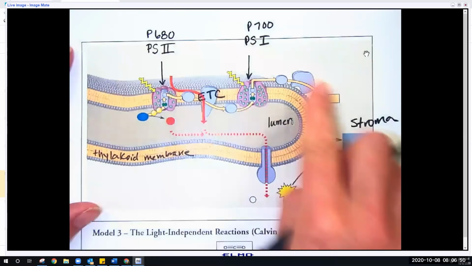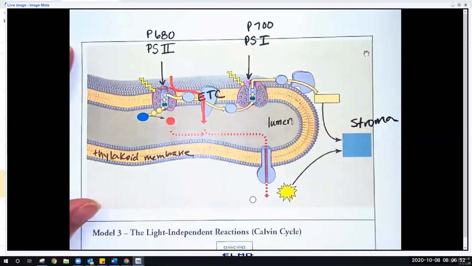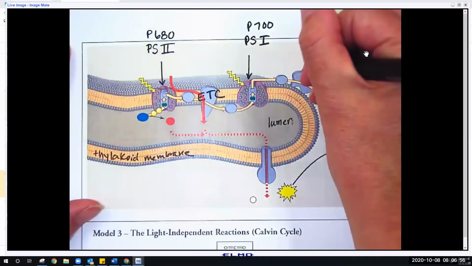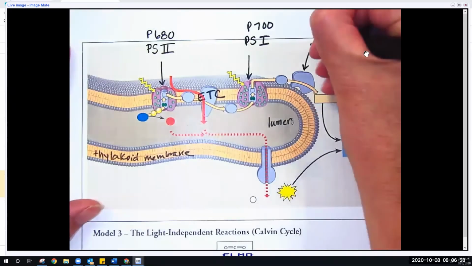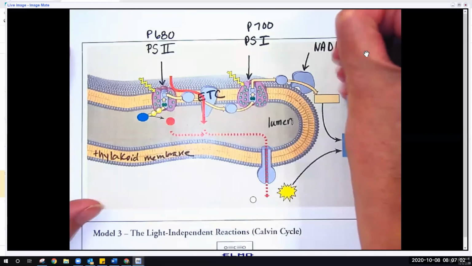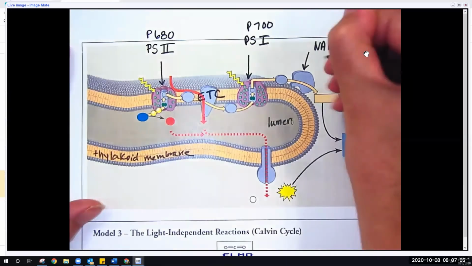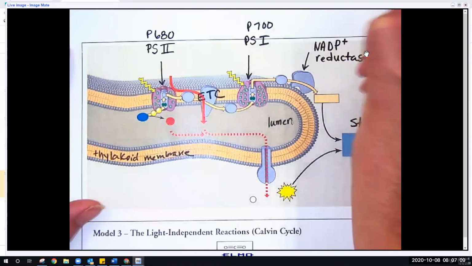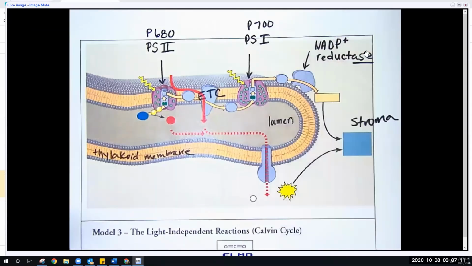Finally here, these are some things that really weren't on our last model, but this is an enzyme, and this is called NADP+ reductase. And it ends in ASE, which is an indicator that that's an enzyme.